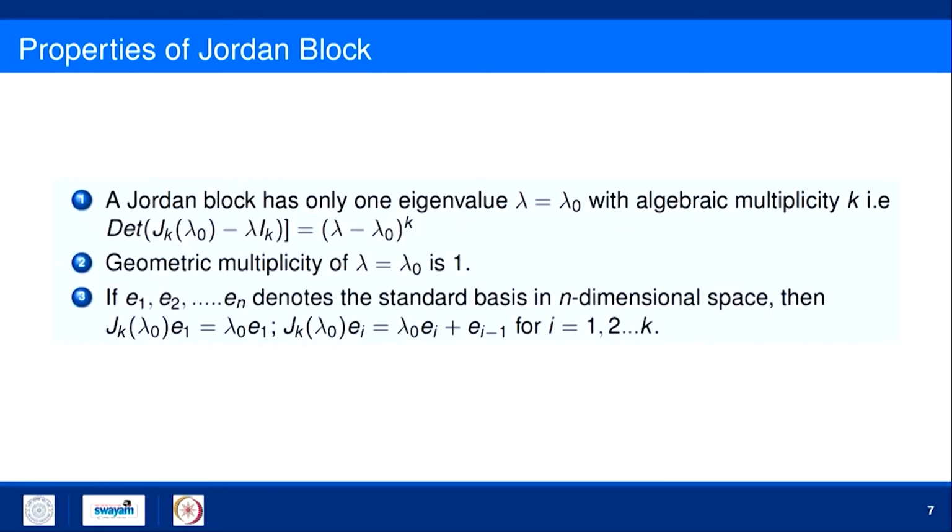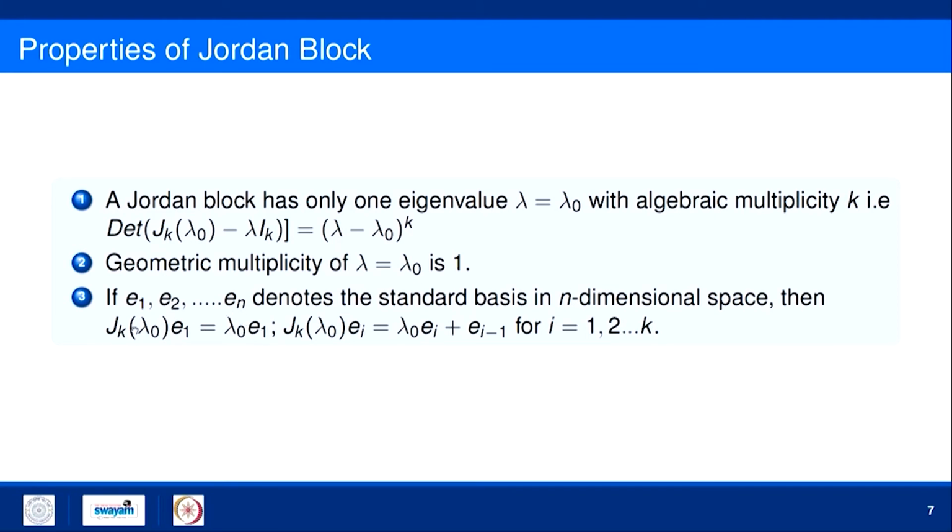Now, some of the important properties of a Jordan block: a Jordan block has only one eigenvalue, lambda equals lambda 0, with algebraic multiplicity k, that is the size of the Jordan block. The geometric multiplicity of lambda equals lambda 0 is 1. Furthermore, if E1, E2, up to En denote the standard basis in n dimensional space, then if you operate the Jordan block corresponding to eigenvalue lambda 0 on E1, it equals lambda 0 E1.